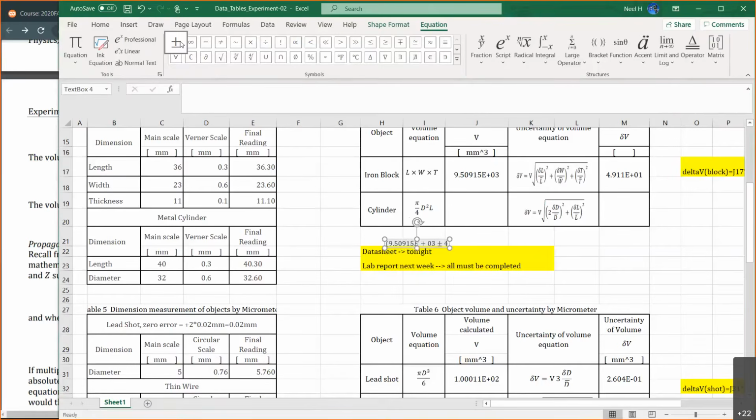And then I have 4.911 e positive 0 1, close brackets, and then the unit is now millimeter cubed, okay.